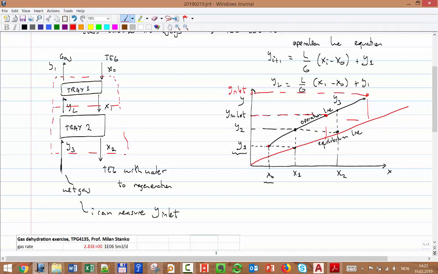So I need to add more stages. So let's put it here and make a note. If Y inlet is greater than Y3, this means not enough stages.